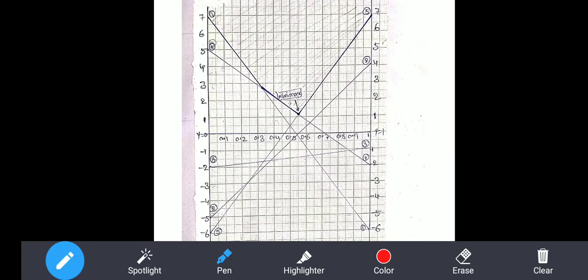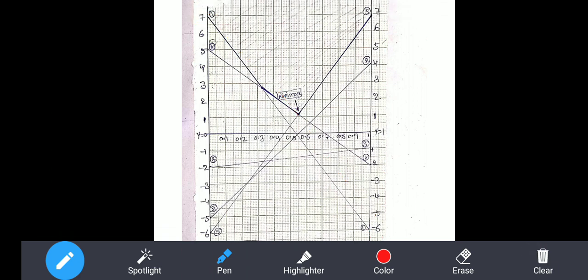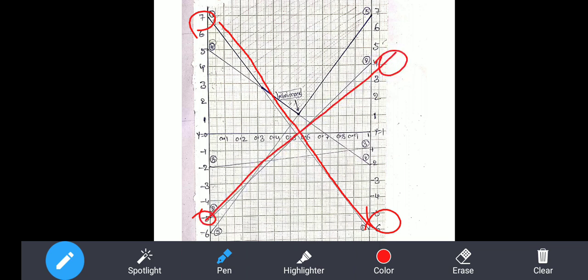So the first equation point will be 7 comma minus 6. I'll draw this line like this. For A2, the line will be minus 5 comma 4.